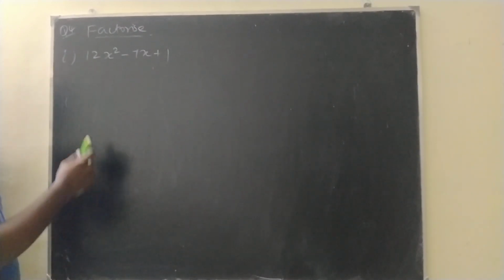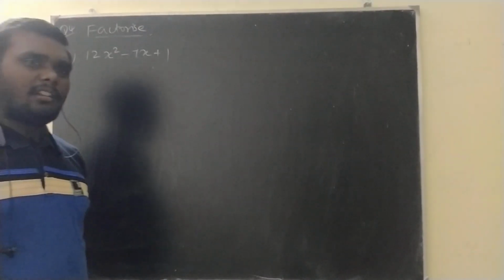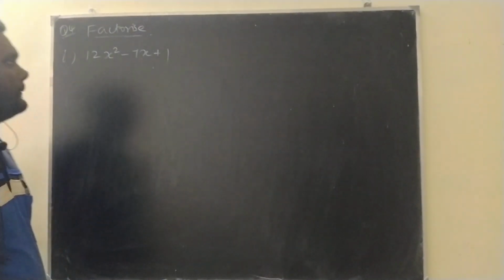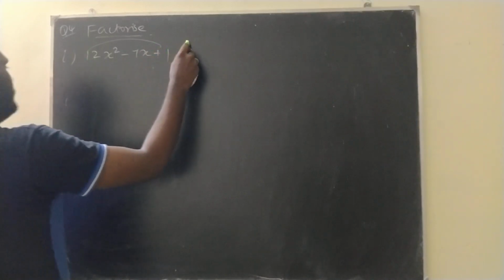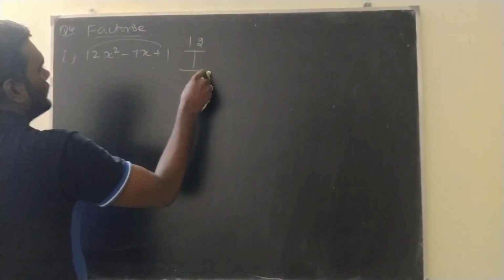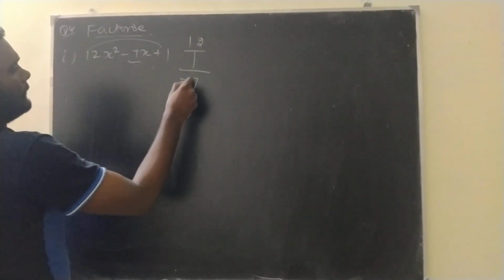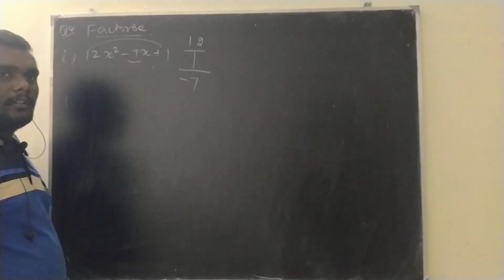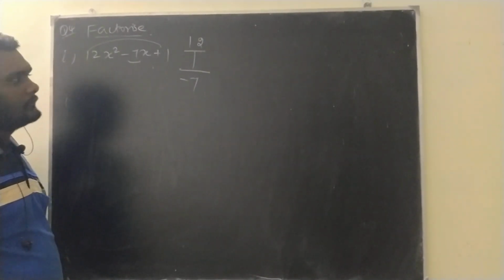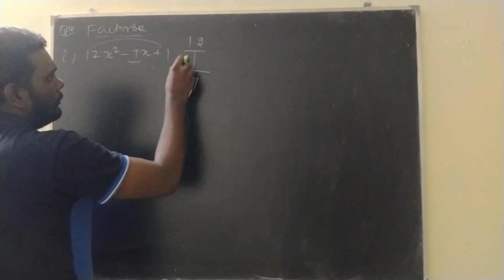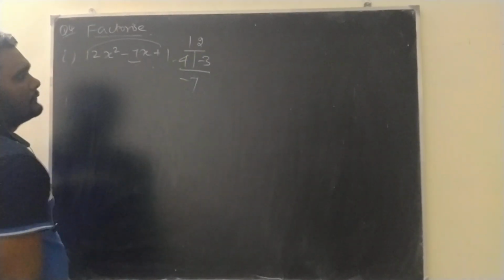Splitting the middle terms. Better we use splitting the middle terms instead of the factor theorem. It will be easy. So by multiplication 12, addition minus 7. 6 2s are 12, and then 4 3s are 12.